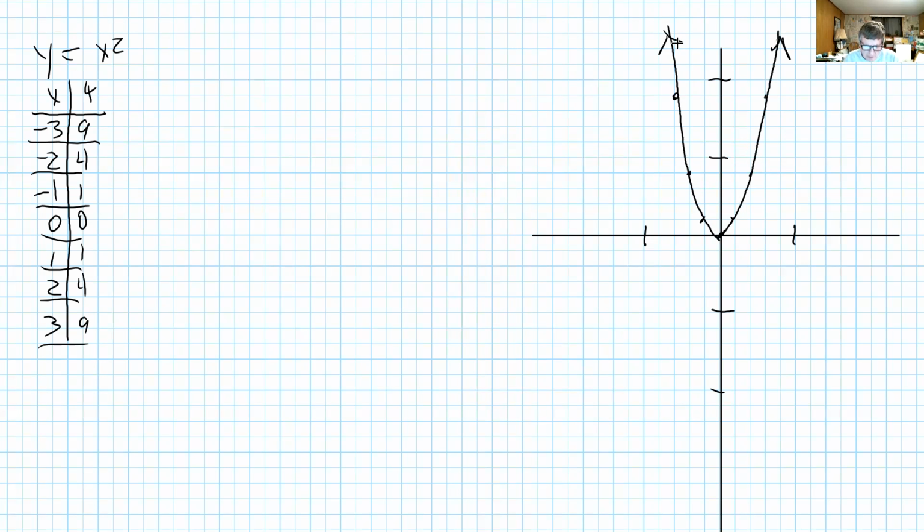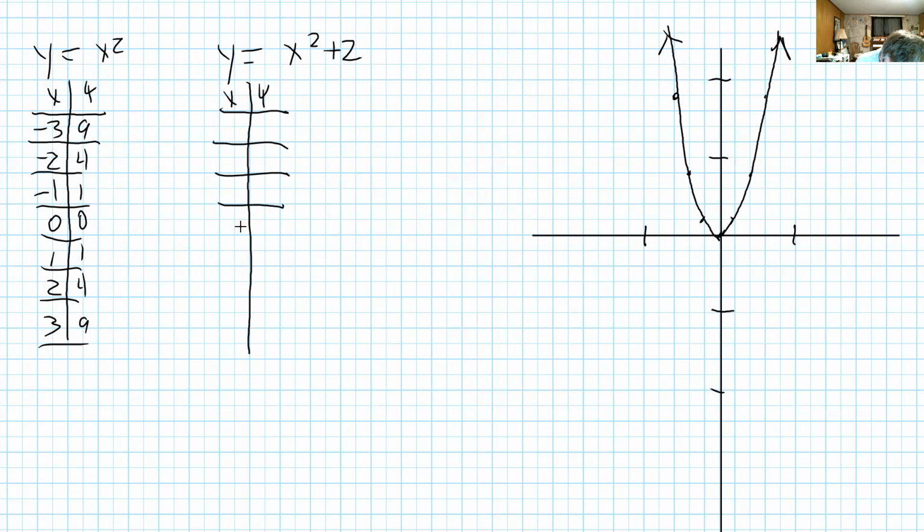Now, what if I had y equals x squared plus 2? So I've got a whole separate term plus 2 outside there. Okay. -3, -2, -1, 0, 1, 2, 3. So following order of operations, y equals -3, the quantity squared, plus 2, which is 9 plus 2, which is 11.